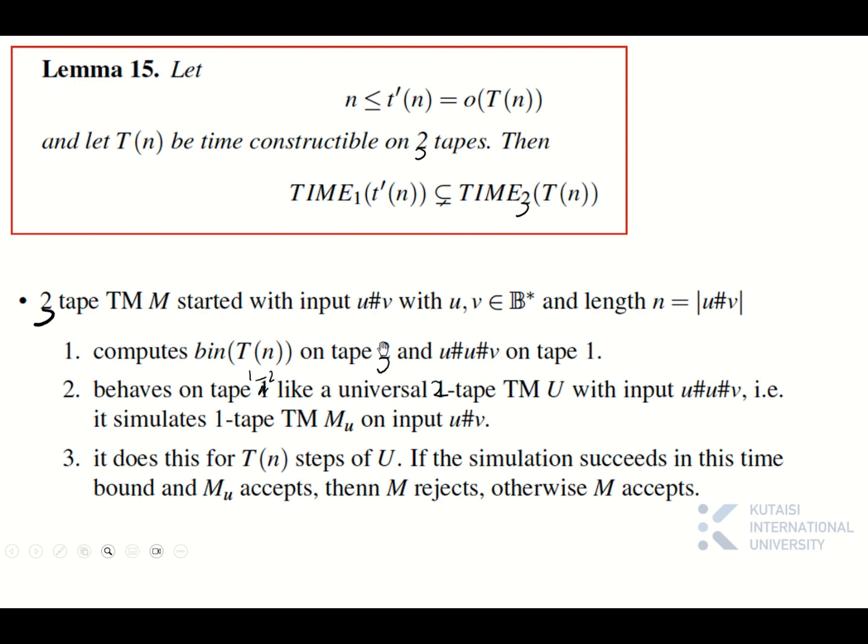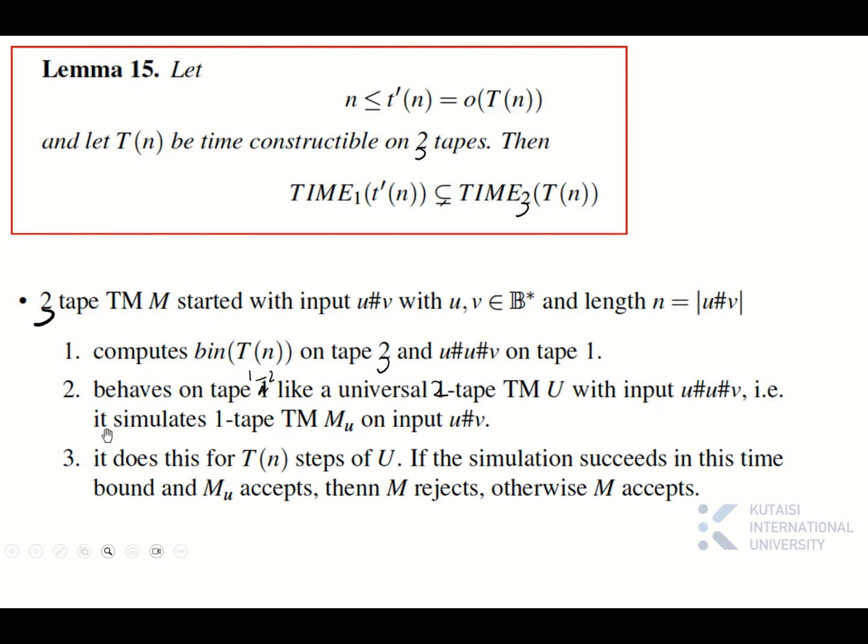So I have UUV on tape 1, and I compute Tn on tape 3. Now I have 3 tapes: tape 2 is empty, tape 1 has UUV, and tape 3 has Tn computed. On tapes 1 and 2, I behave like a universal 2-tape Turing machine with input UUV.